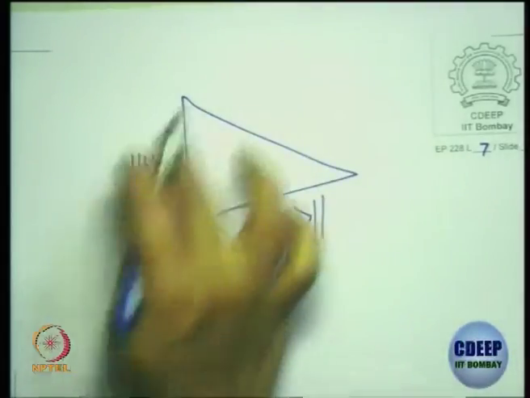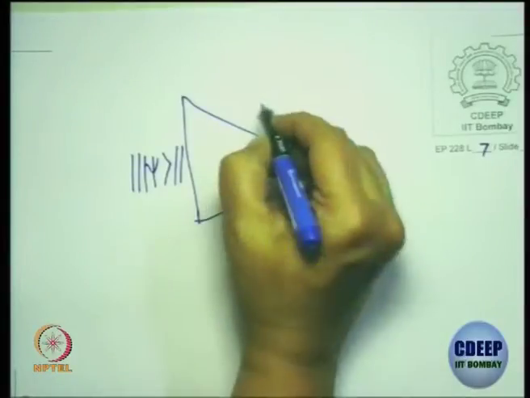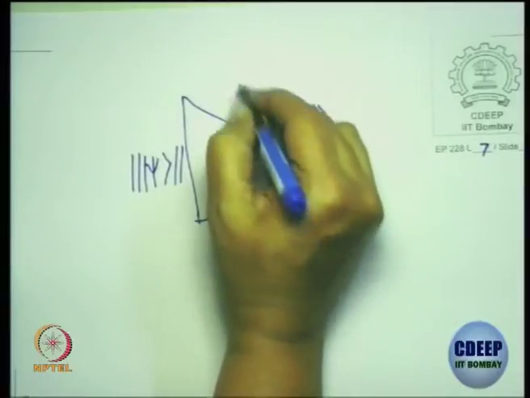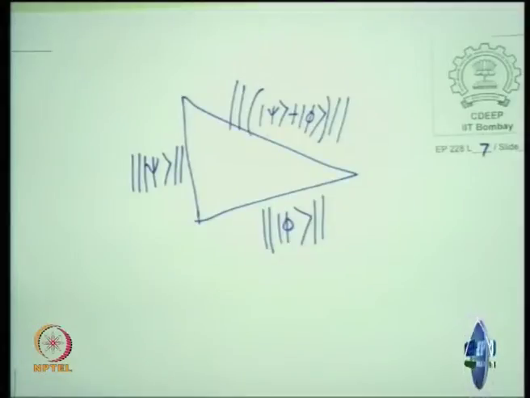If this is a psi vector and this is a phi vector, you need to take psi plus phi and then take the norm. Is that correct? Yes, everybody is getting used to the notation. If I write A vector, B vector, all of you will be familiar, right?